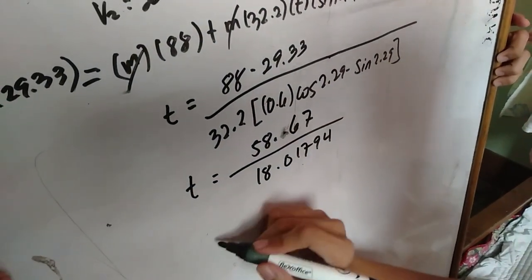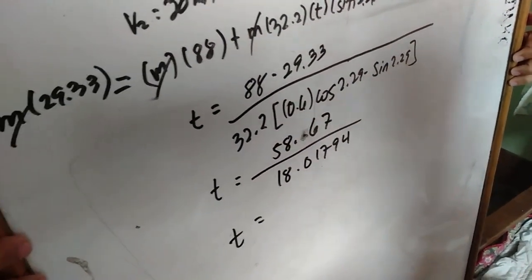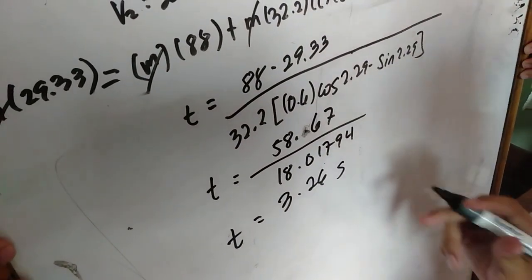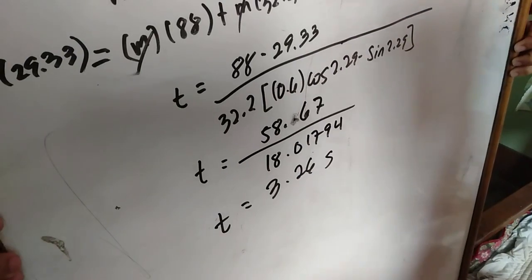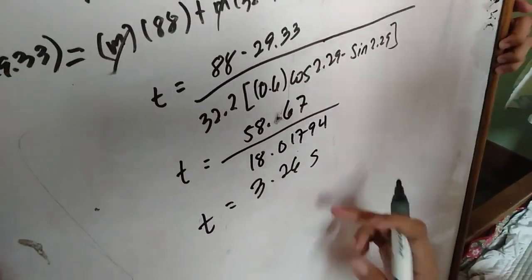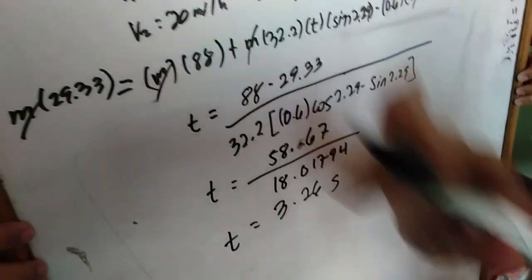So dividing, we have t is equals to 3.26 seconds.